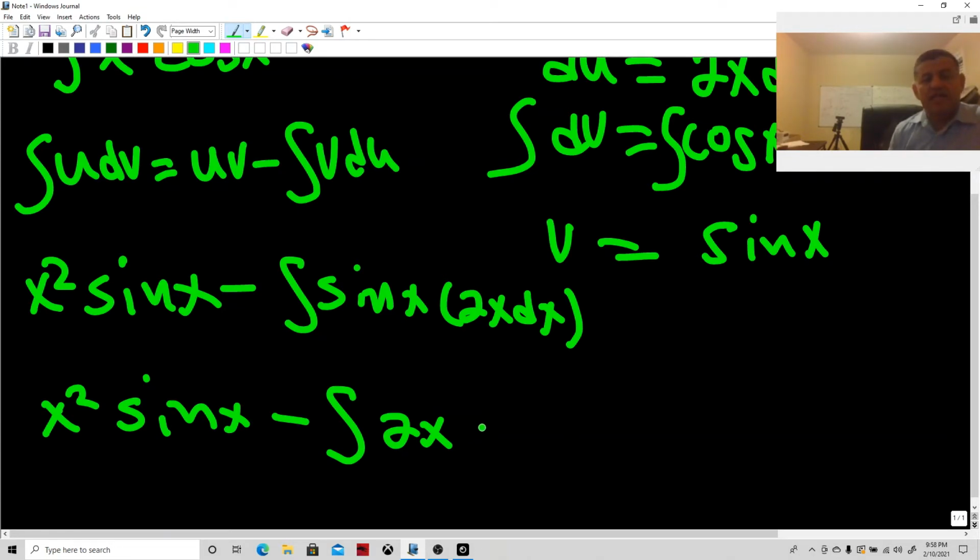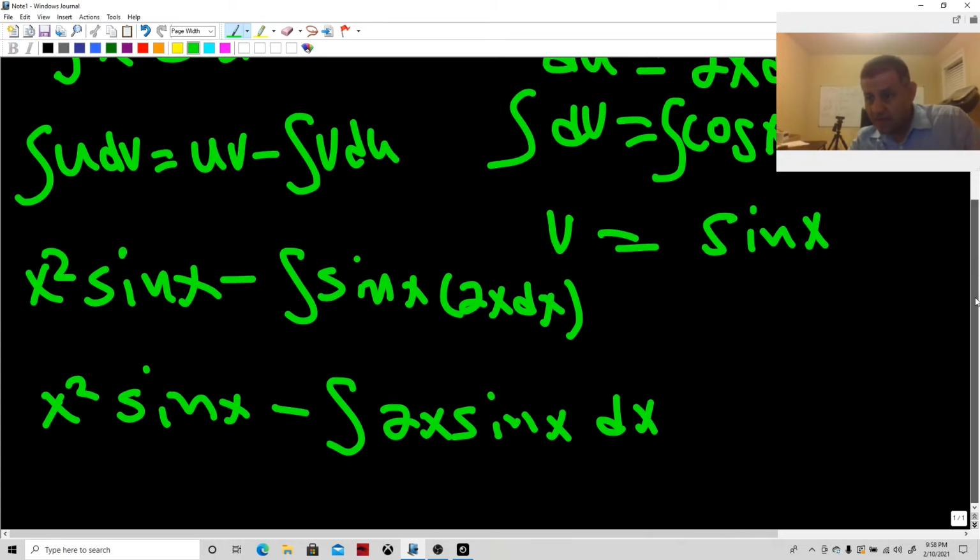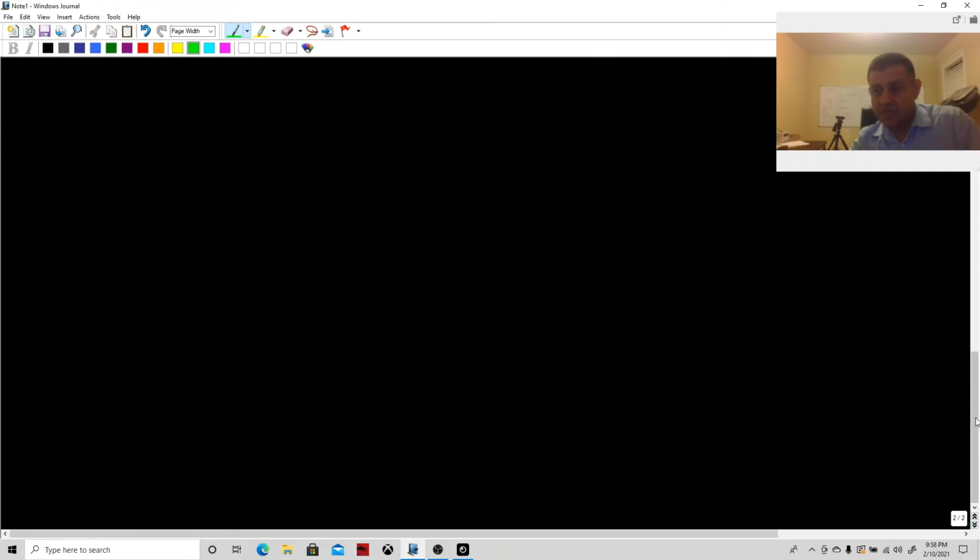Let me just do it step by step. So sine x dx. All right. So now we can see that this is hanging. This is 2x in front of the sine. Okay, so let's go to the next page.